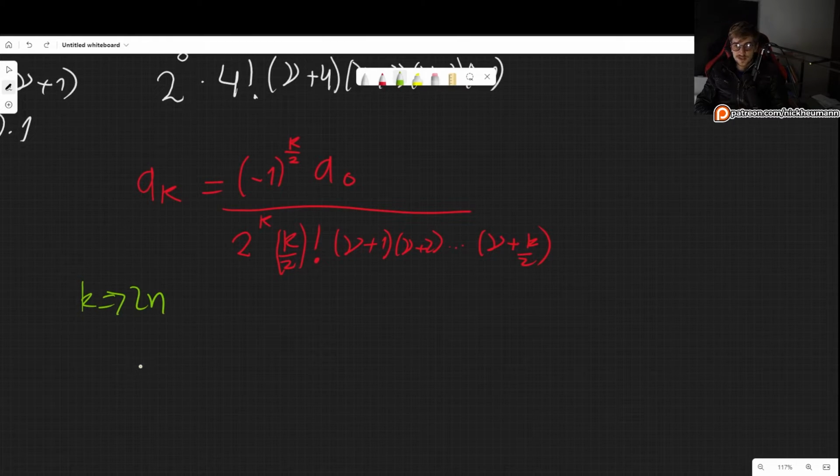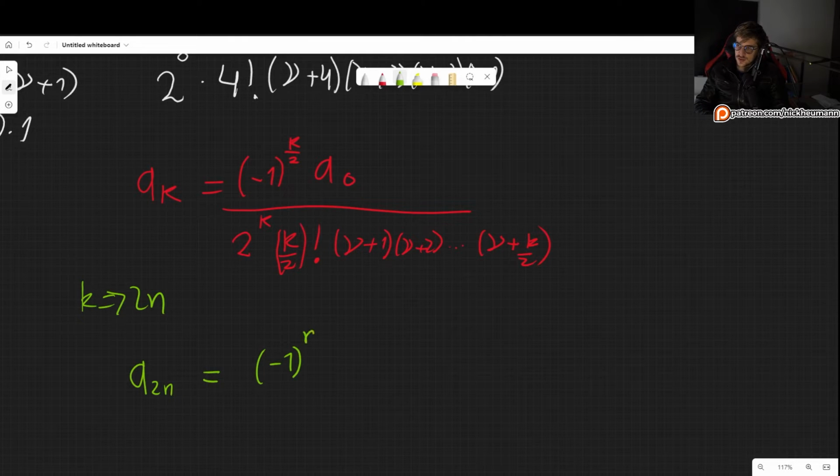And this is a very important step. Instead of writing k, which could be even or odd, we go towards 2n, which is always even. So a of 2n will now be minus 1 to the k, which is now 2n over 2. That is, of course, simply n.